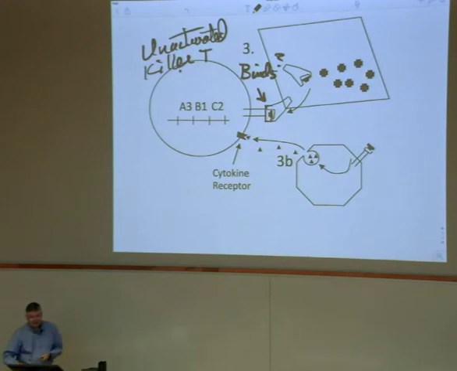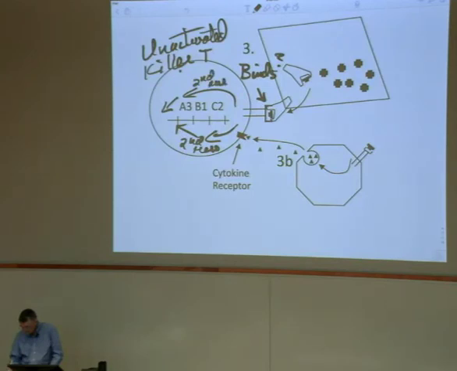If that happens, then we get a pair of second messenger cascades. They both have to be there. And we get cell division. Many rounds of cell division.